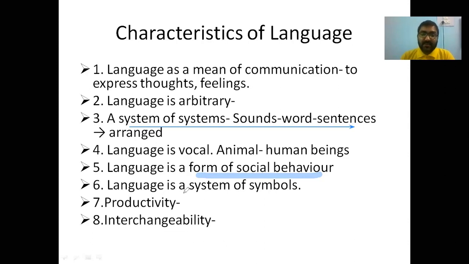Language is a system of symbols. Symbols means that what we say, what we are talking, is based on symbols.